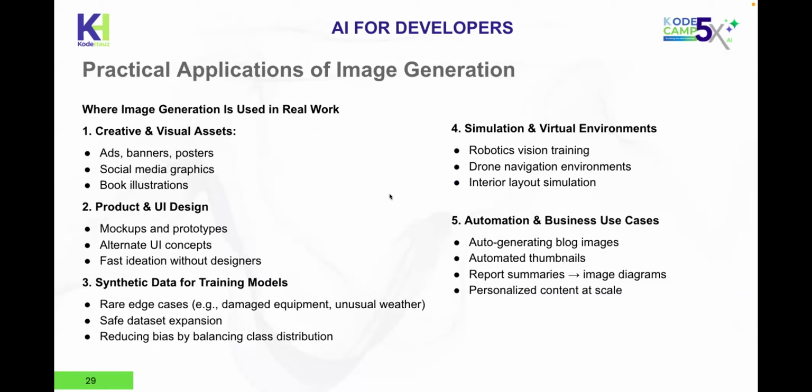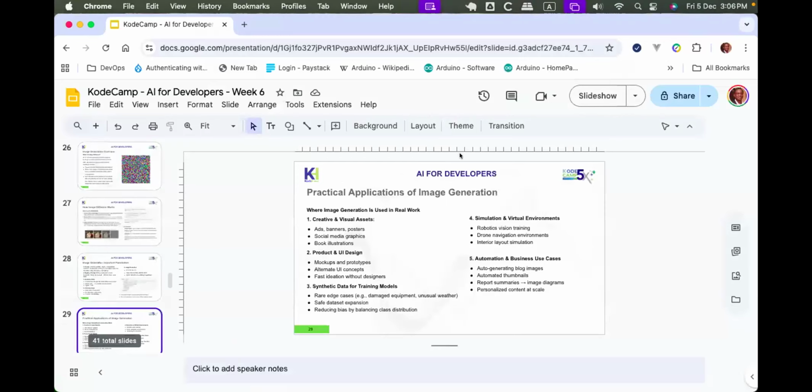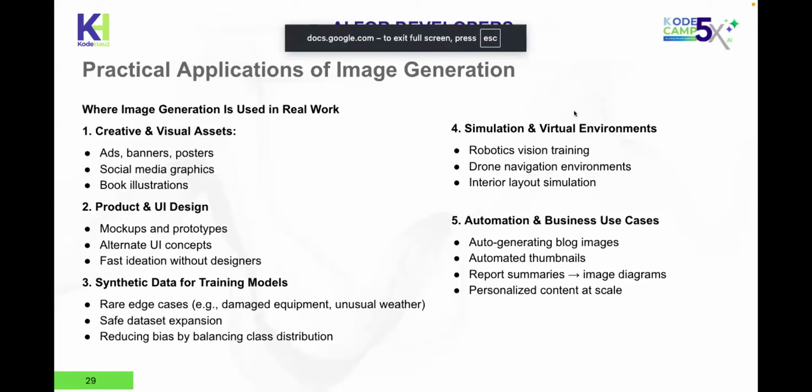So, what are the practical applications of image generation? The first one is mostly, of course, creative visual assets. If you are building apps, you need to set up your ads or banners or posters.